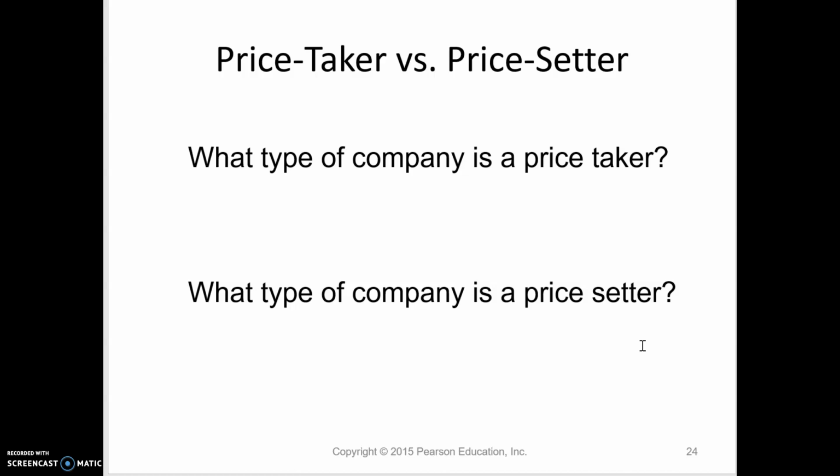A price setter would be a company that makes a unique product. Okay. So no, they can't go anywhere else to get the product because we make a customized type product. So we get to set the price. We get to determine what the price is because they can't go anywhere else to get it.